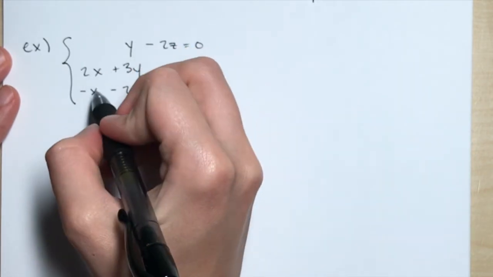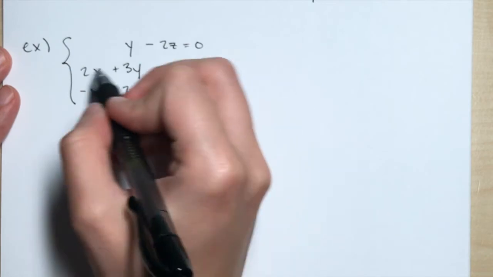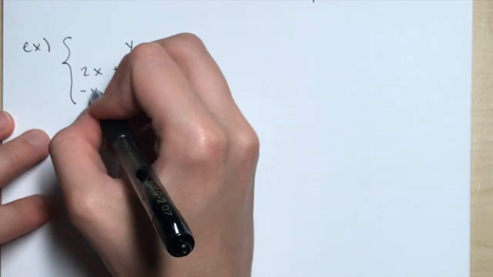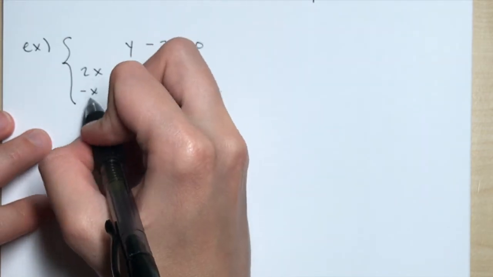Let's just eliminate x over here. We've already got opposite signs. Let's try and eliminate x here. I already have opposite signs.